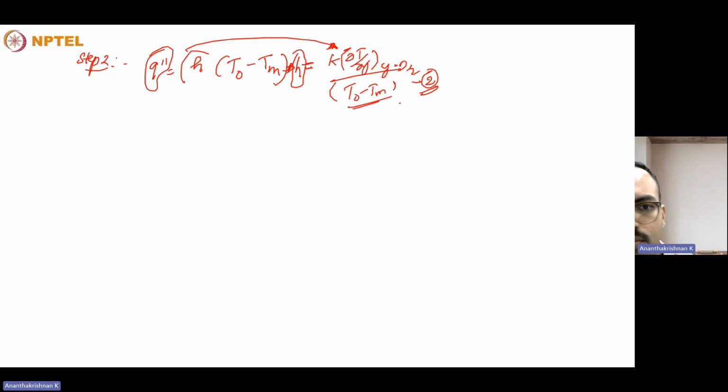Now we can slowly move into the second section. This is the case of slug flow, where the velocity profile will be uniform throughout. So we need not solve the momentum equation in the x direction, which is a simplification for the problem. Now we will go to the basics of the energy equation.